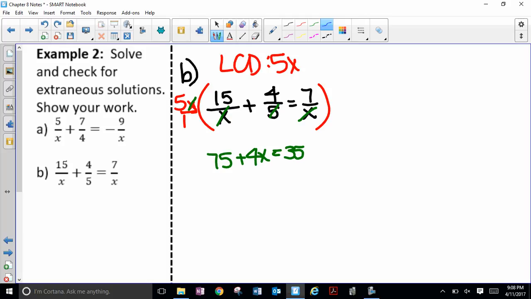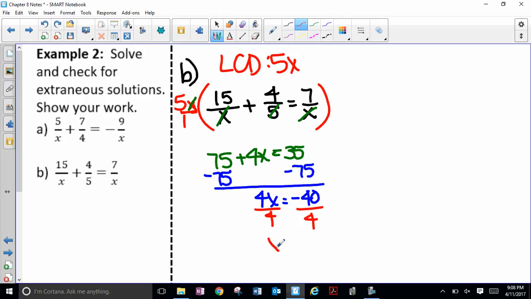All right, now this is an easy equation to solve. So subtract 75, 4x equals -40. Divide by 4, x equals -10. Okay, so I can plug it back in and check. So I could do 15 over -10 plus 4 over 5 equals 7 over -10.